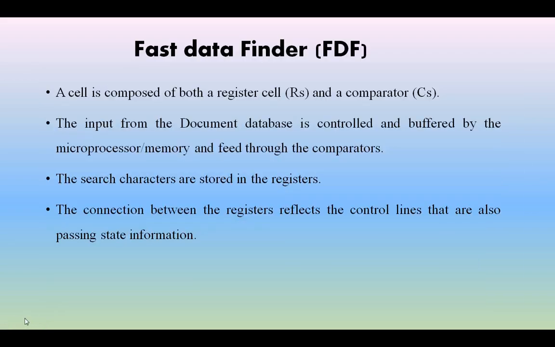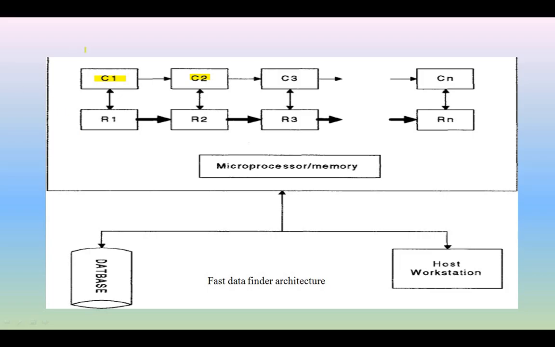These cells are made up of C and R, where R is a register cell and C is the comparator cell. All these are cells, arranged in a pipeline manner. The database is directly connected to the microprocessor memory with the host workstation.